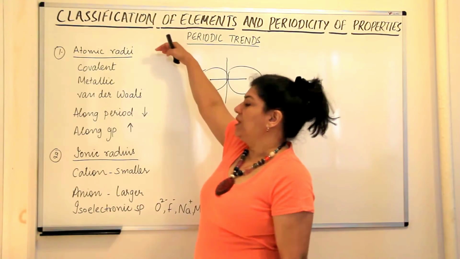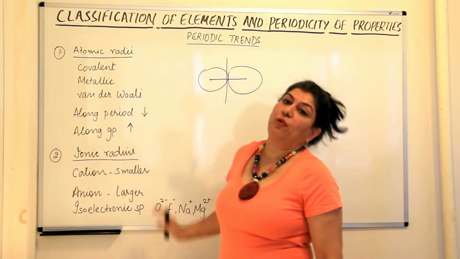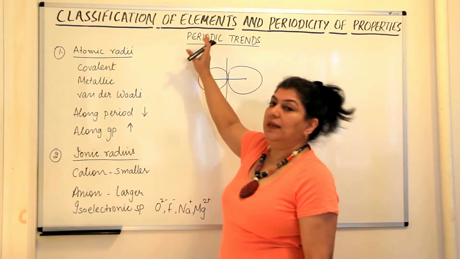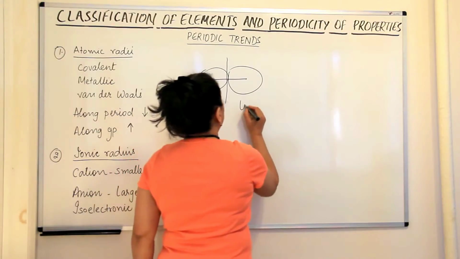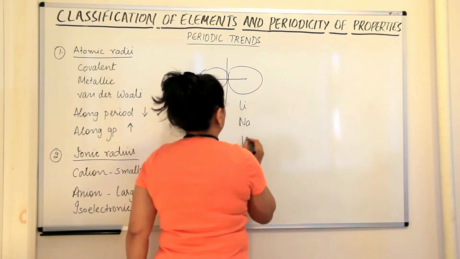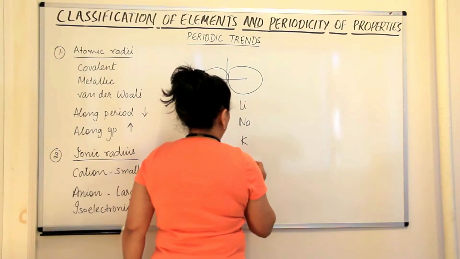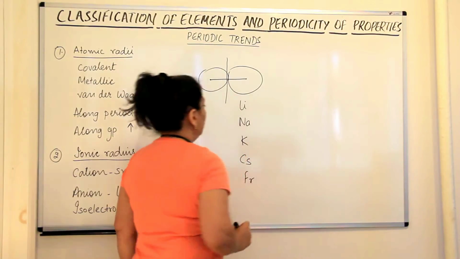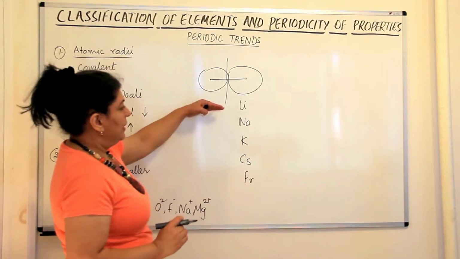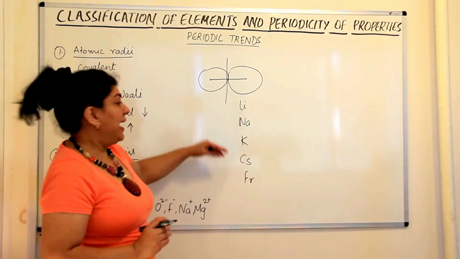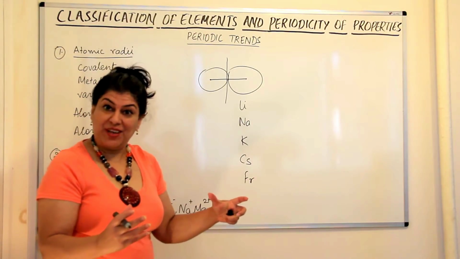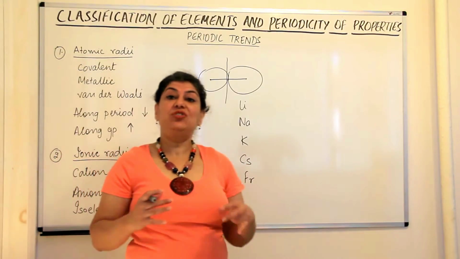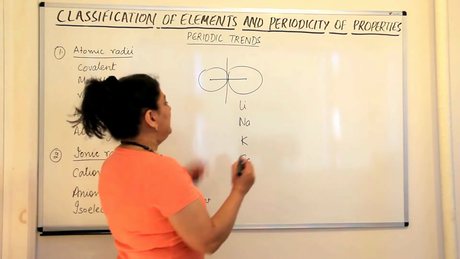On the other hand, when we move in the same group from top to bottom, for example, in the alkali metals, you have lithium, sodium, potassium, cesium, francium. As we go down, the period is changing and the outermost electron is adding to the next shell.